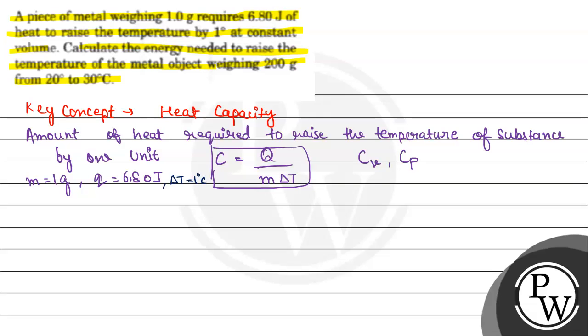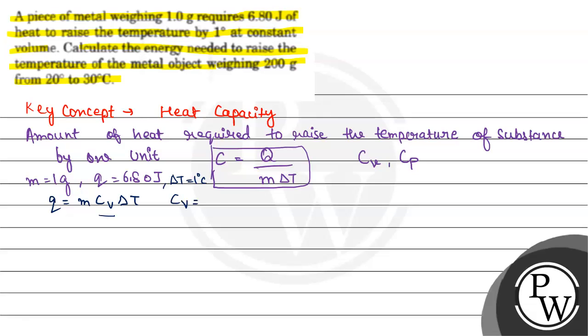So by using the formula, as it says it is at constant volume, the formula is Q = m CV delta T. From here we will find the heat capacity at constant volume.